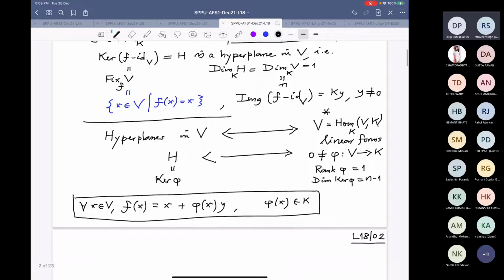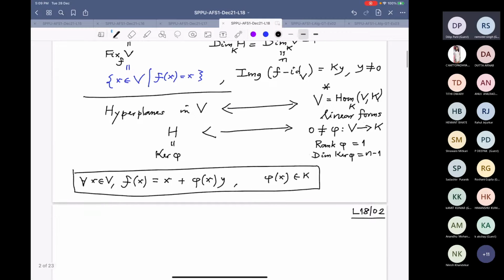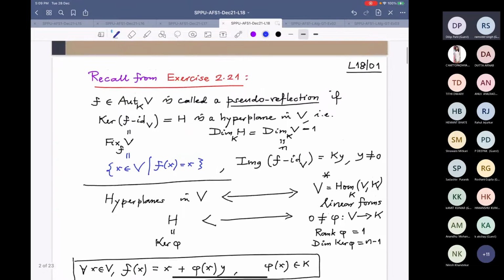All right, now in this first remark, note that y is in V and y is non-zero actually. Why? If y is 0, what happens? For every x, f of x will be equal to x. That means the whole V is fixed.